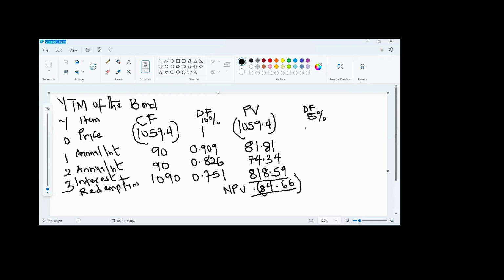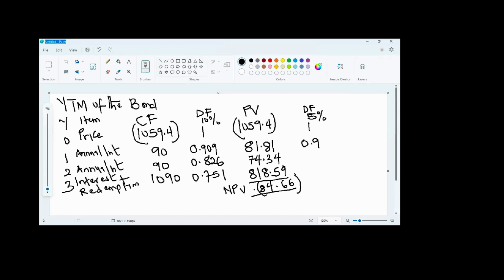Let's take 5. All right. At 5%, what is the discount factor?